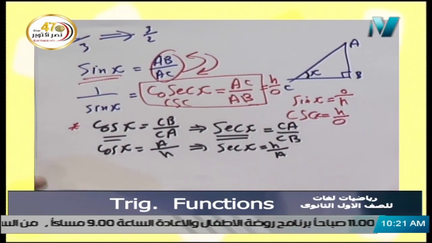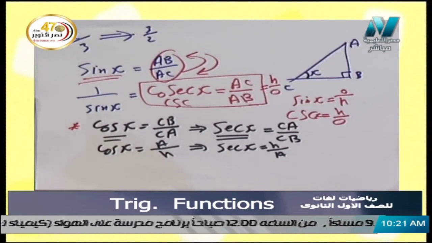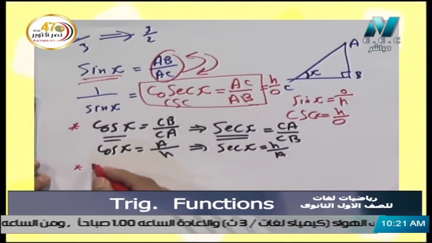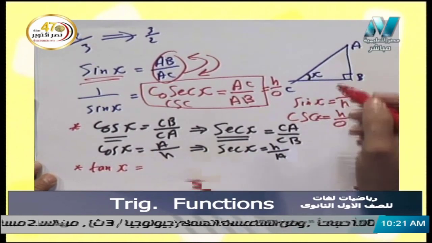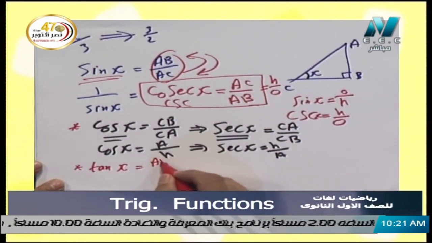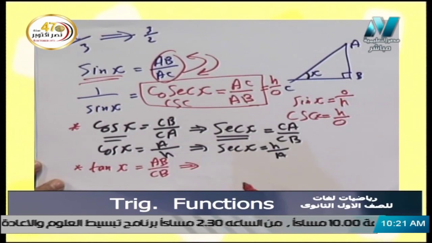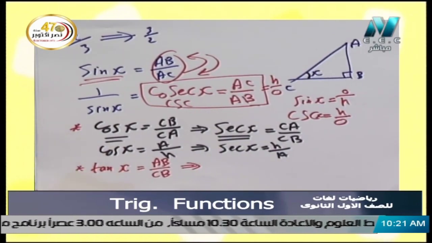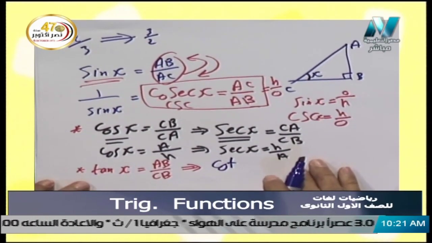What is the reciprocal of tan? Tan is a function. The reciprocal of the tan function: tan x here is the opposite over adjacent, so it's AB over CB. Okay, the reciprocal of tan x, we call it cotan, but we write it COT also.